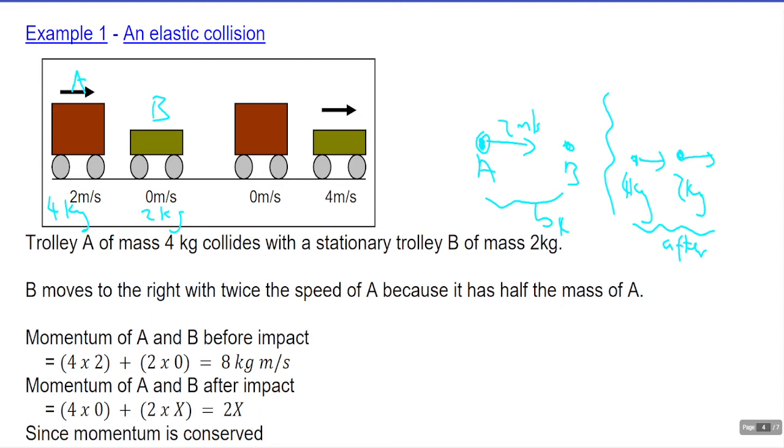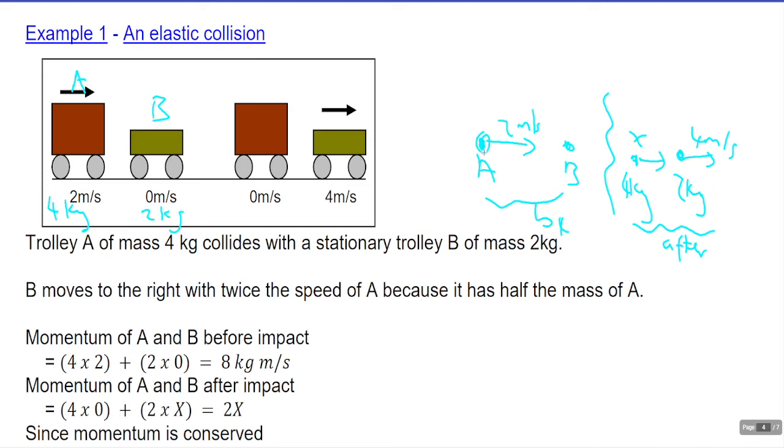The total momentum is conserved. So we are told that B is moving to the right, which means twice the speed. That's now 4 meters per second. And then we can find the speed of A after the collision. Using a diagram like this would make you understand exactly what is going on, so that you don't get confused.